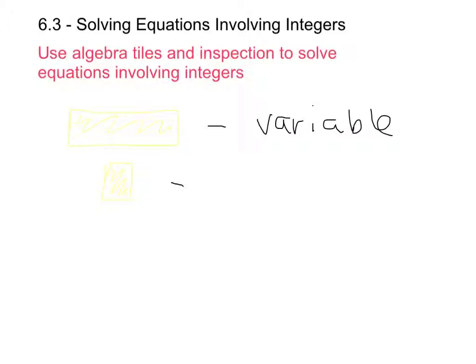Your small square yellow tiles represent +1. We didn't use the red tiles last unit, but we're reintroducing them this unit, and our red tiles represent -1. So those are the three different algebra tiles that we're going to be using for this lesson.